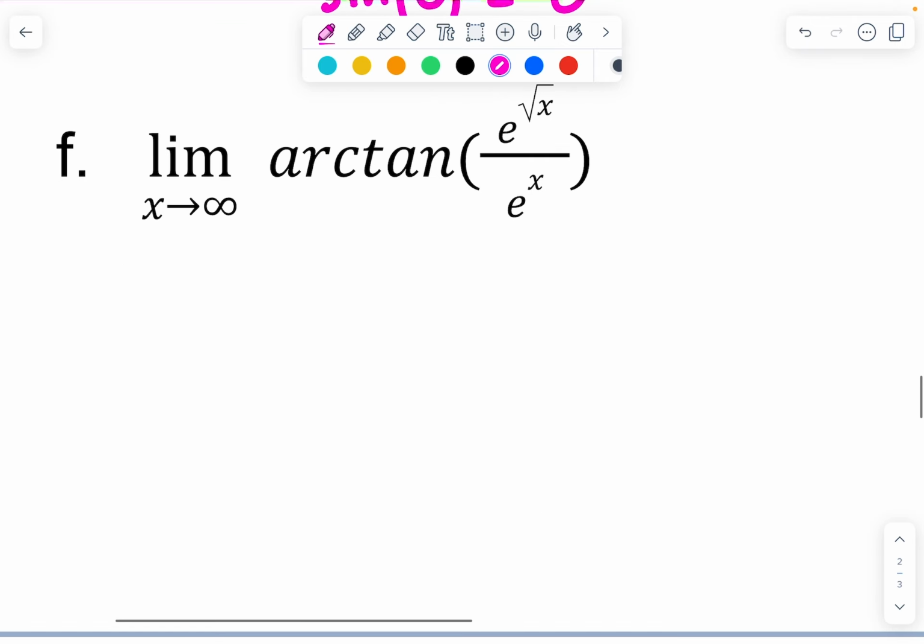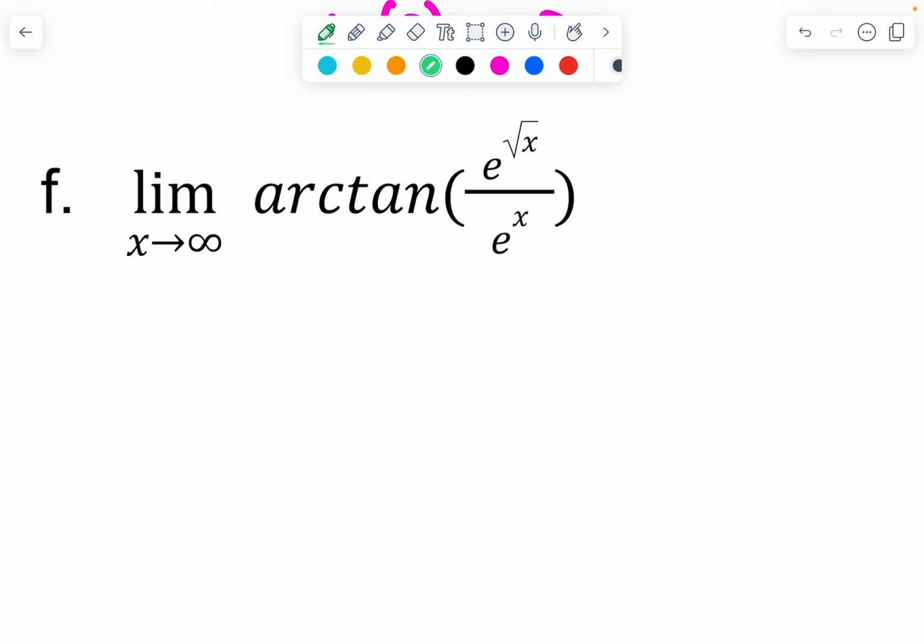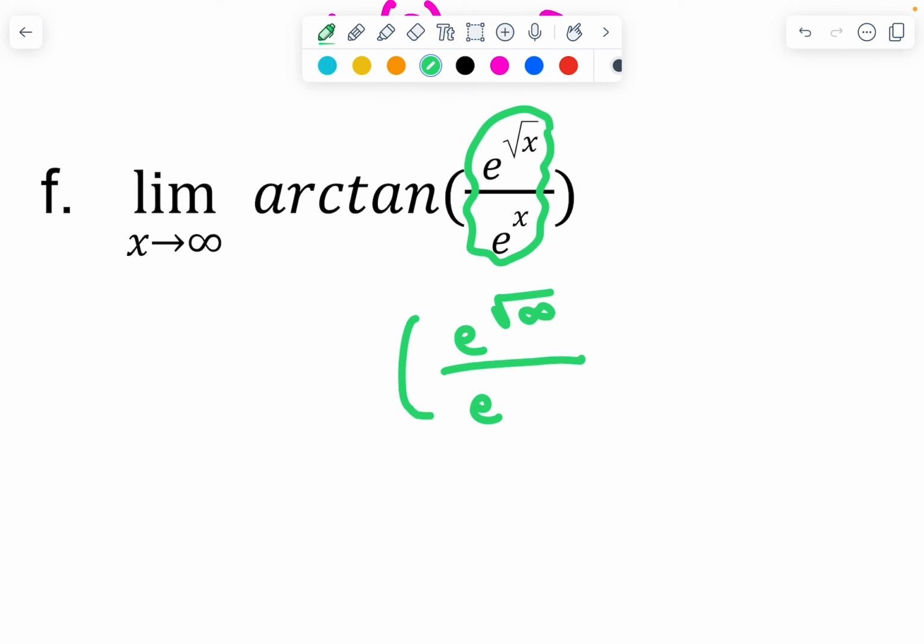All right, last one here. We have the limit as x goes to infinity of arctan of all this good stuff. This we can treat in a number of different ways, but I'm going to just do imagining what's happening. So here we have e to the square root x over e to the x.